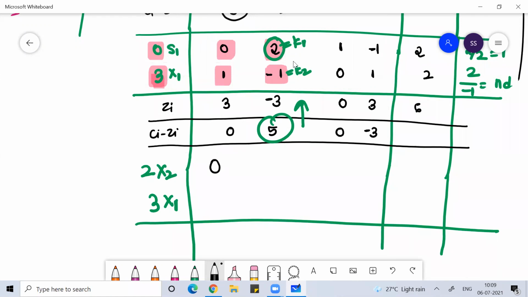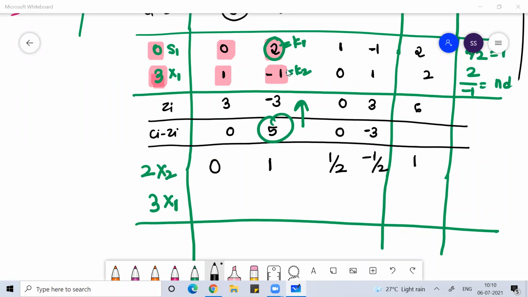So 0, then 2 divided by 2 is 1, 1 divided by 2 is 1 by 2, minus 1 divided by 2 is minus 1 by 2, and 2 divided by 2 is 1. Clear, everyone?